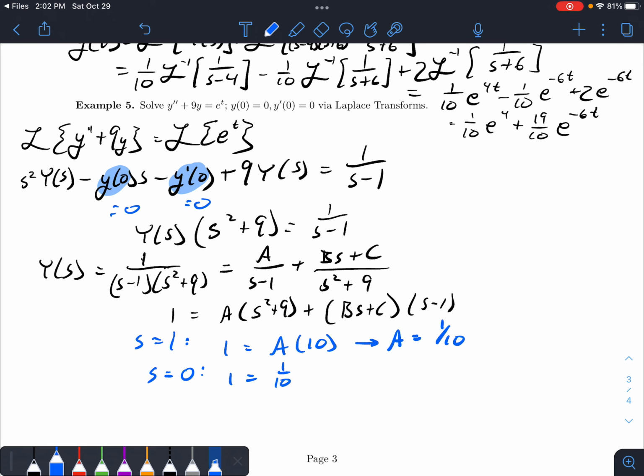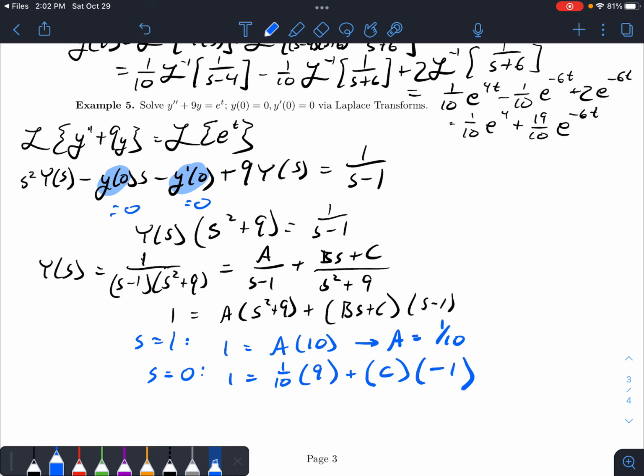Okay. All right, that's gonna give me that 1 is equal to a, which is 1/10, times 9 plus b times 0 plus c times s minus 1.